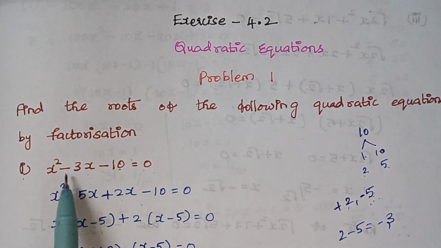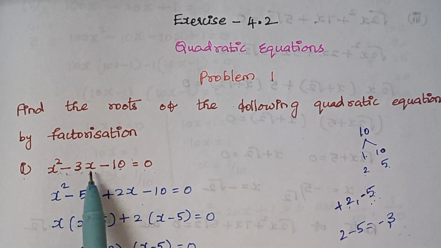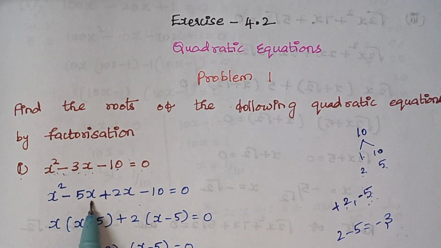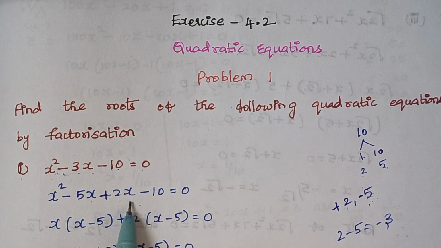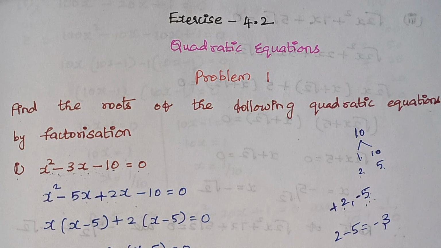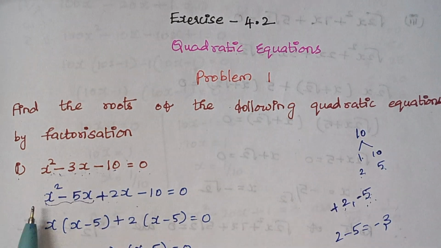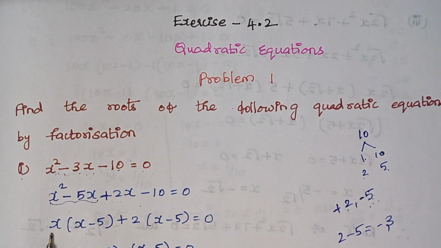So here we are splitting the middle term. So this minus 3x is written as minus 5x plus 2x, right? And the first and last terms remain the same. Now, when you look at the first two terms, here you are going to take x outside.